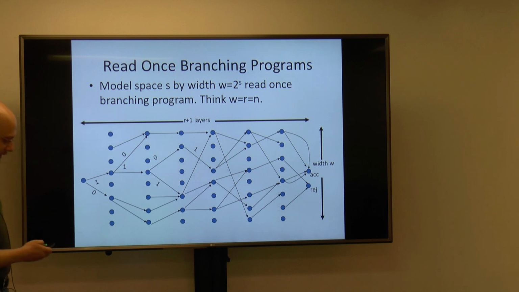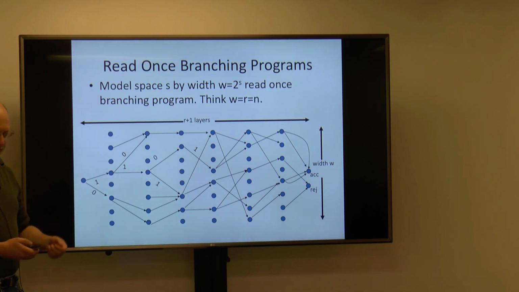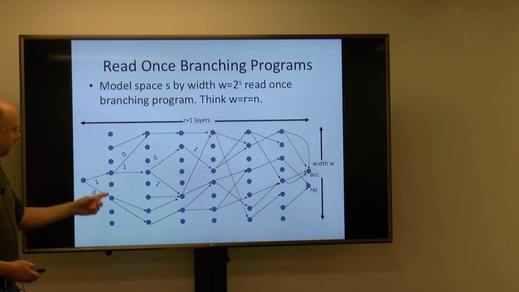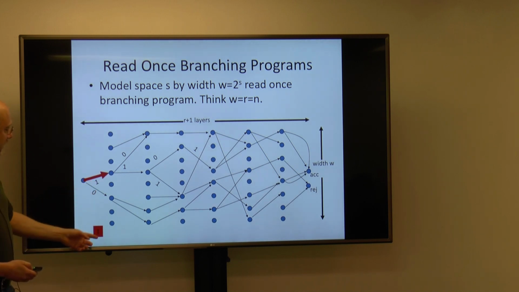So what happens in this program? There's some start configuration, and then the machine chugs along, and when it needs a random bit, depending on the value of the random bit, it may move to one of these two configurations. Maybe in this case it flipped a 1 and it moves into this configuration.